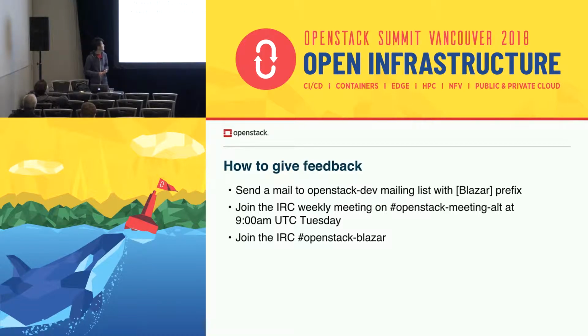First one is send a mail to the OpenStack dev mailing list with the Blazar prefix. I already have a filter in my mail software, so I can react to your questions as soon as possible. And second one is join the IRC weekly meeting on the openstack-meeting-alt channel at 9 a.m. UTC Tuesday.